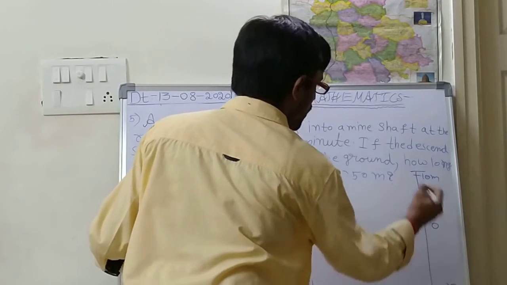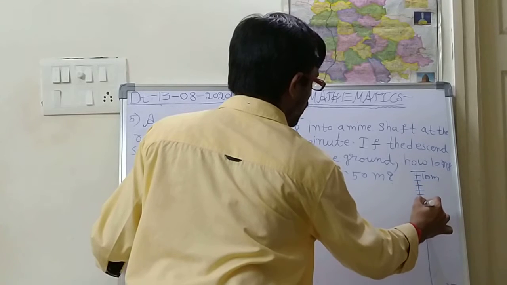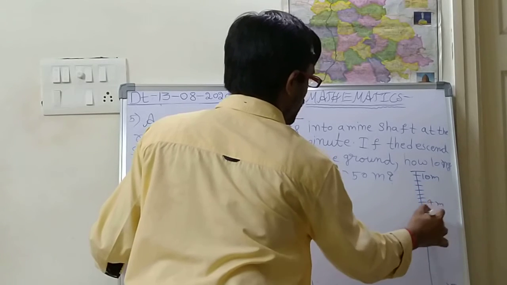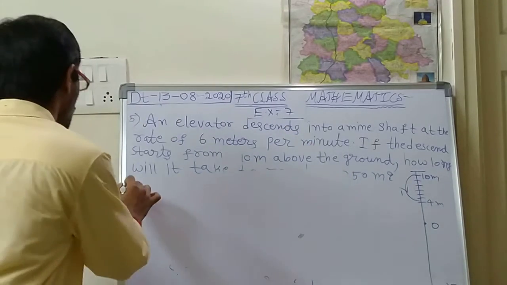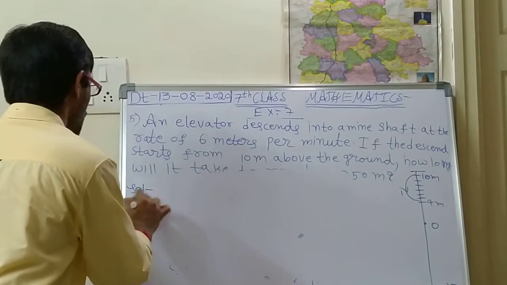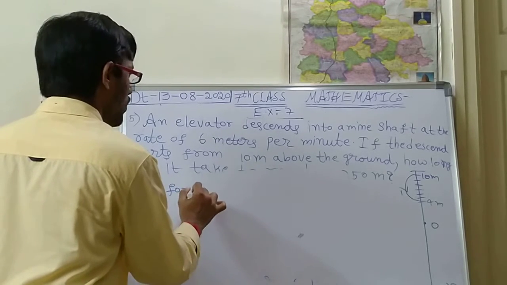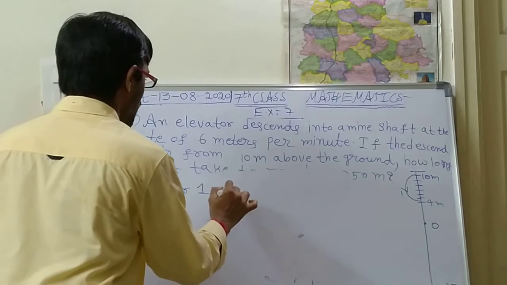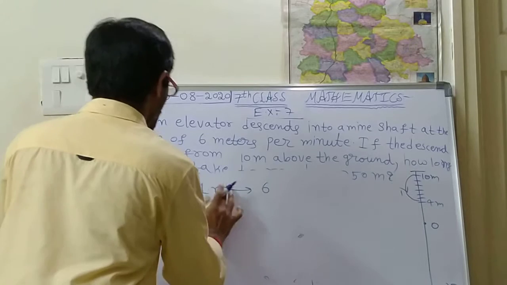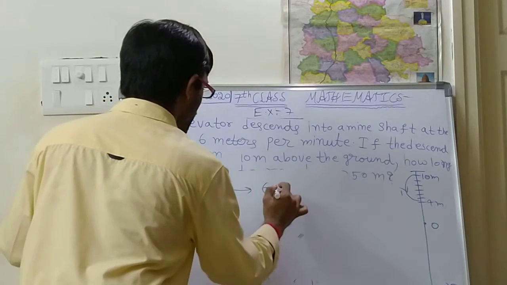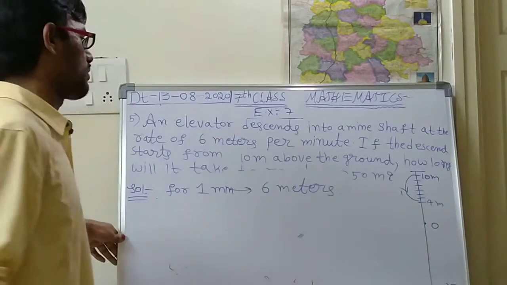Okay, so here what are the steps you have to take? For 1 minute it is taking 6 meters. It is descending 6 meters.